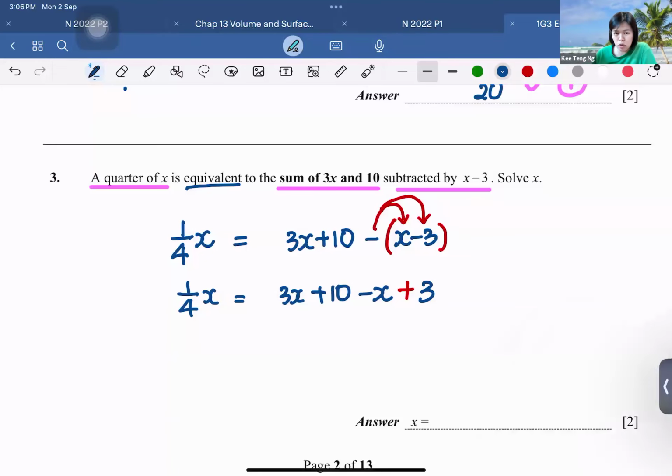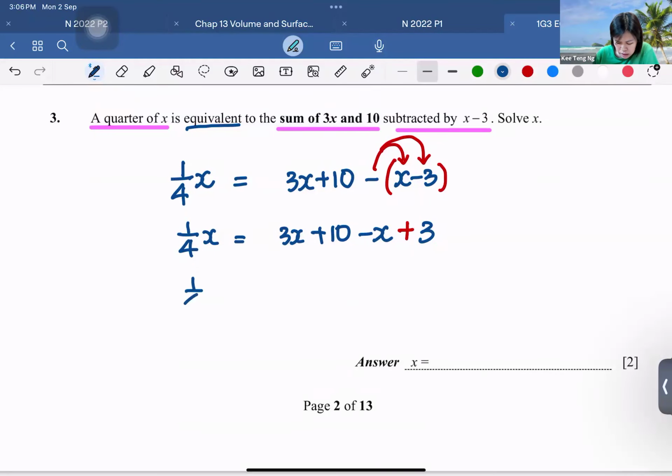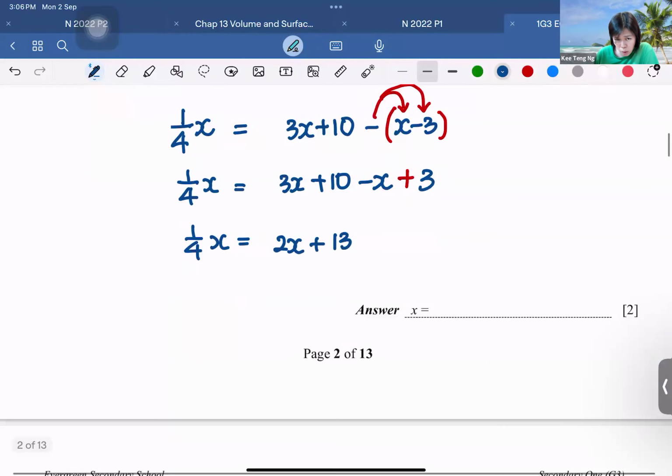Thank you very much. So it becomes plus 3. Then I must simplify this, or some of you have 0.25x. Doesn't matter, it still works the same way. For me, I don't like the 1/4, so I'm going to multiply the whole thing over here by 4, everything times 4.